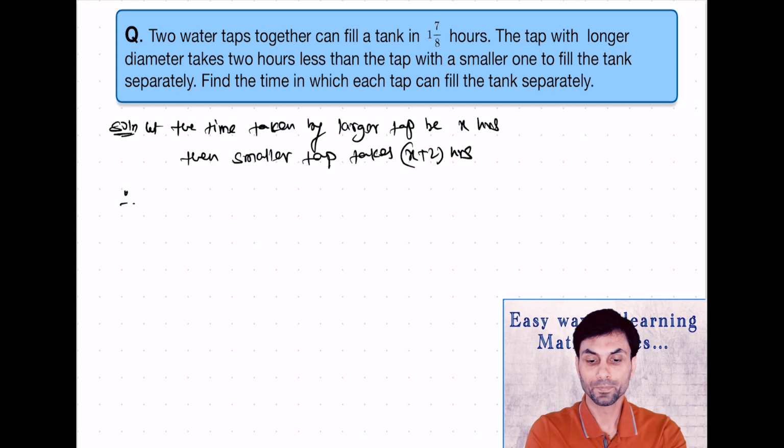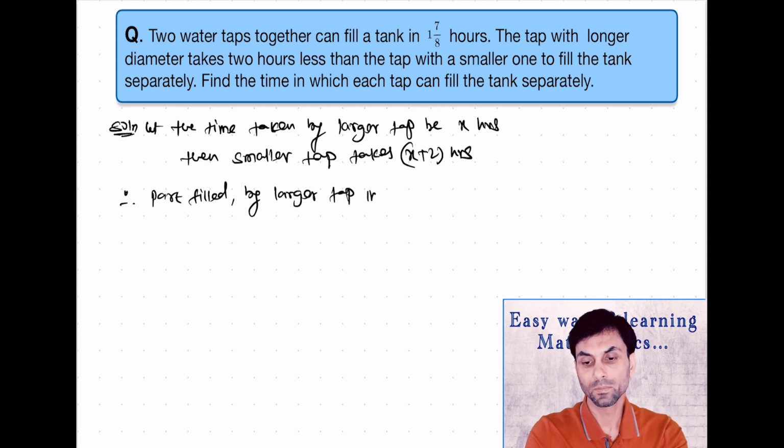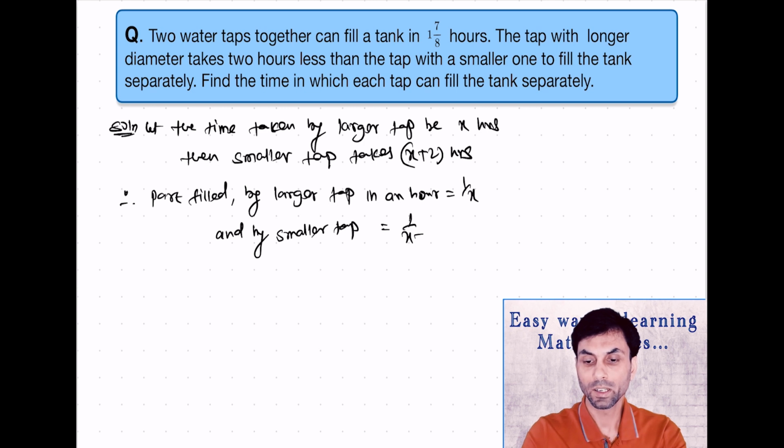Now therefore, part filled by the larger tap in an hour will be equal to 1 by x, and by the smaller tap it will be equal to 1 upon x plus 2.